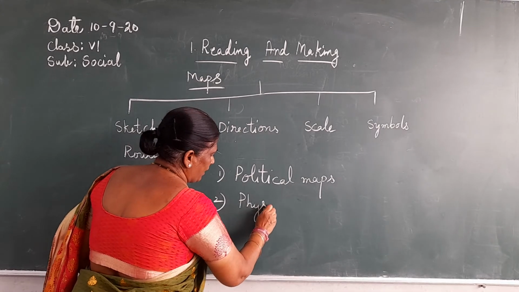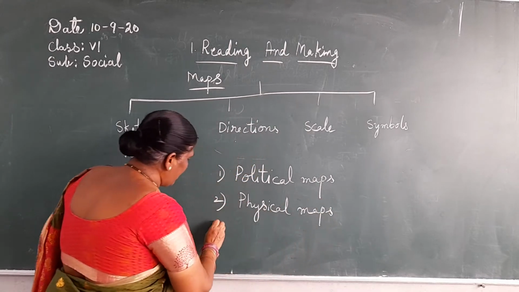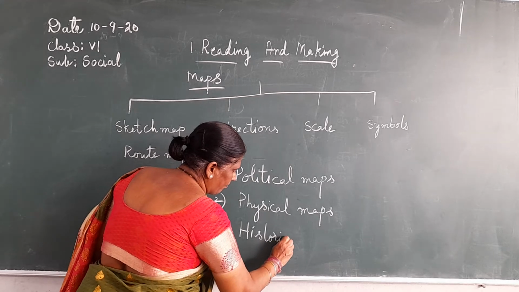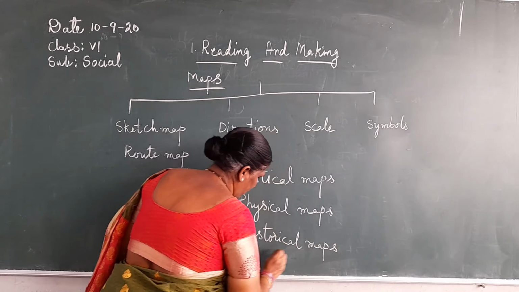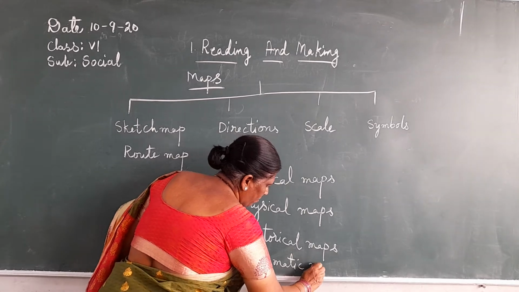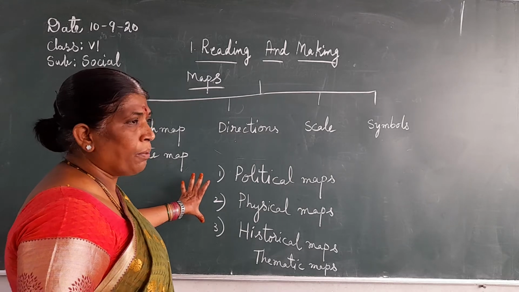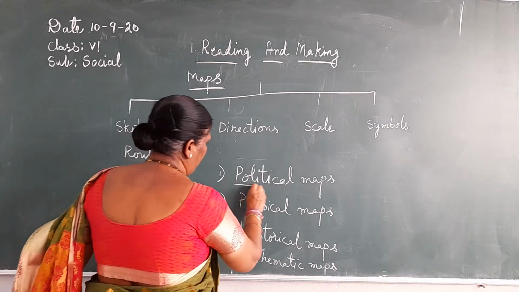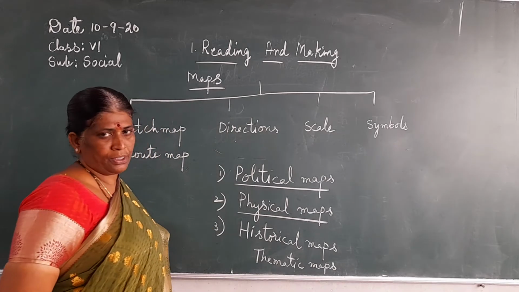Third one is historical maps, or thematic maps. We are going to learn all this in higher classes, but to give you clarity about maps I am telling you. First political maps, physical maps, historical or thematic maps. Okay?